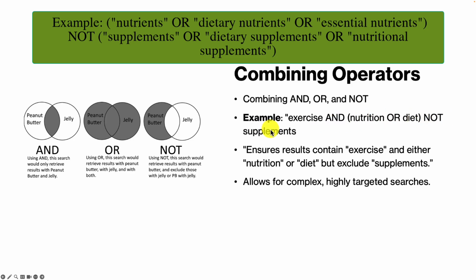And with supplements, I could put NOT supplements or creatine, right? So I can get more specific, but that's how I have to play with the words a little bit. You never will hit the jackpot on the first attempt. I promise you. Okay, so let's move on.